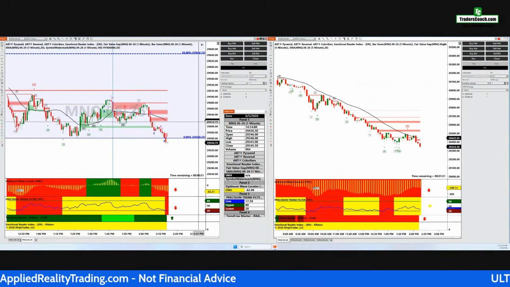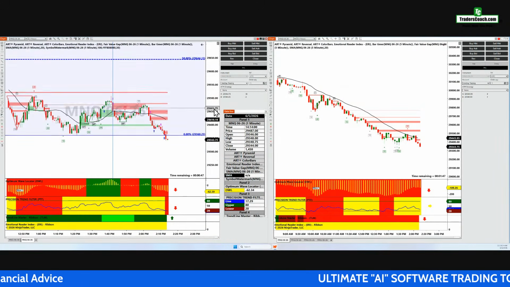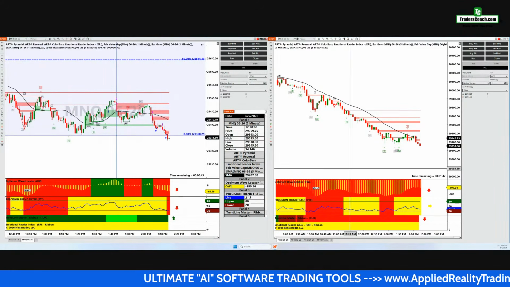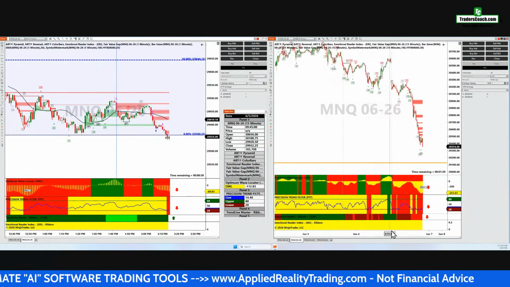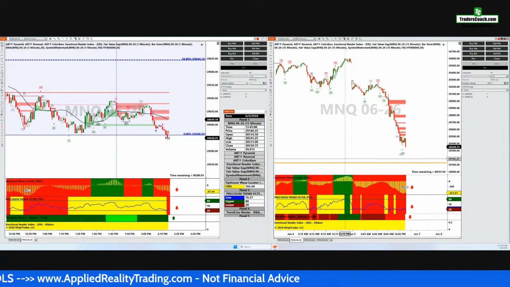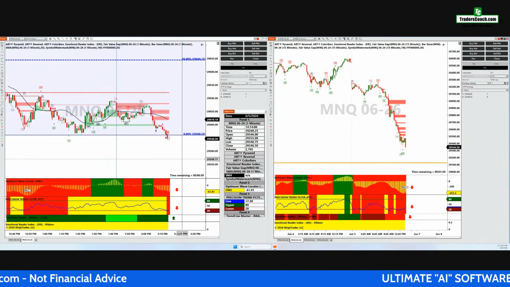But I should have just never gotten out. Probably I should have just stayed with it, but I added back in there, and so be it. So here's the liquidity on the 15-minute. I don't think I'm going to chase it. I mean, that's a market maker sell model right there for sure. So it probably is going down there.